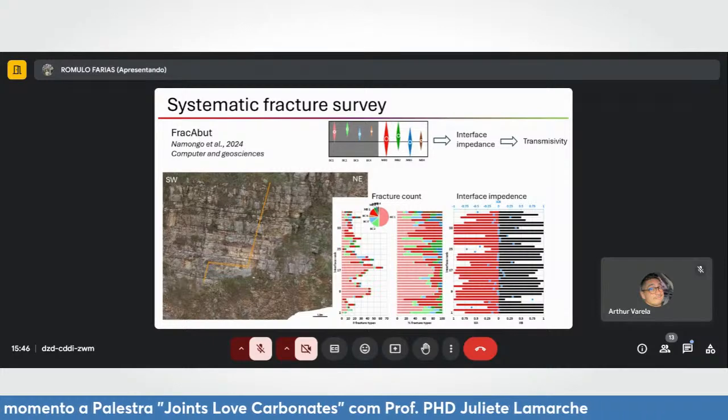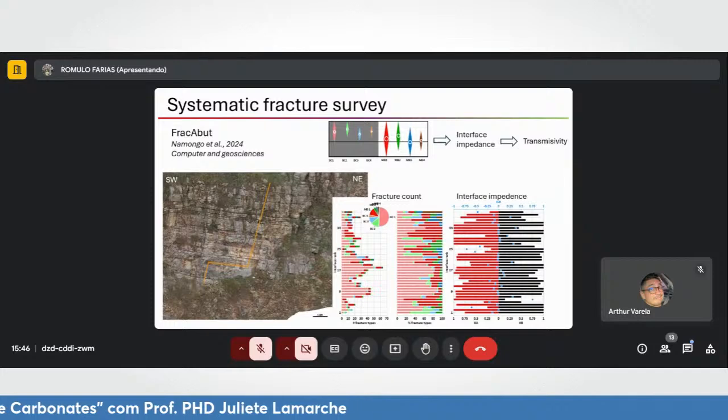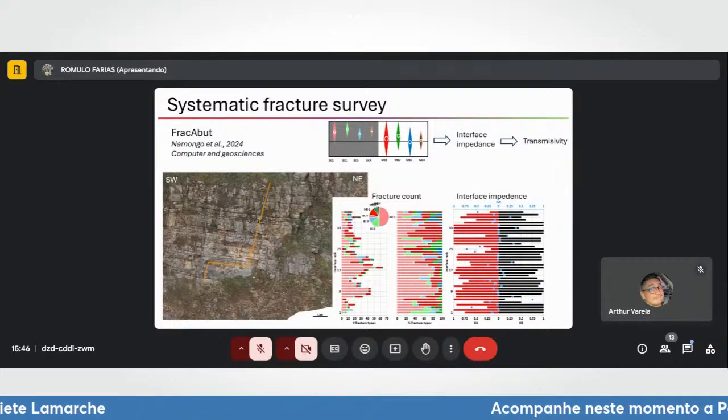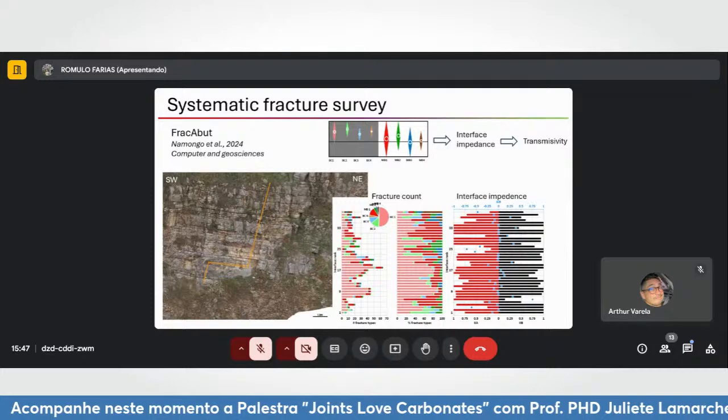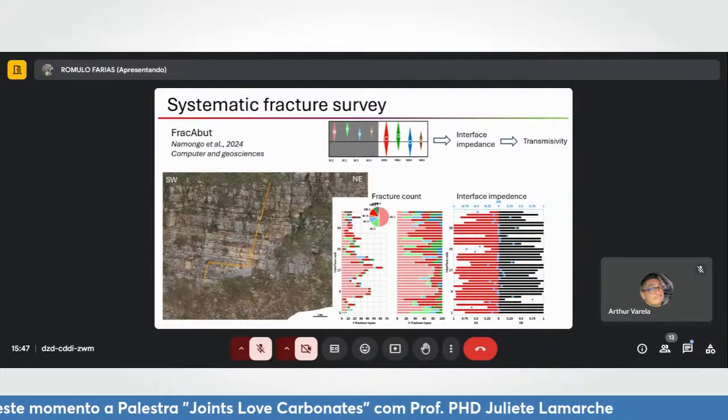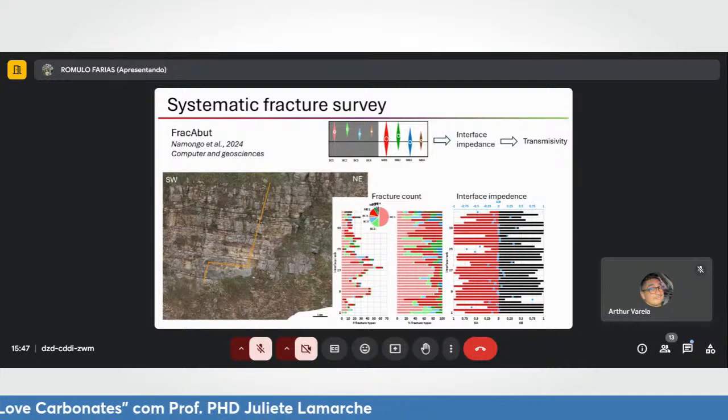And from the impedance, you can calculate the transmissivity. When the bed interface stops everything, there's no transmission of the fluid from one bed to another one. And this is what is calculated here. The bedding impedance of fractures coming from bottom to top, and the bed impedance of fractures coming from top to bottom. And the dots are the ratio.